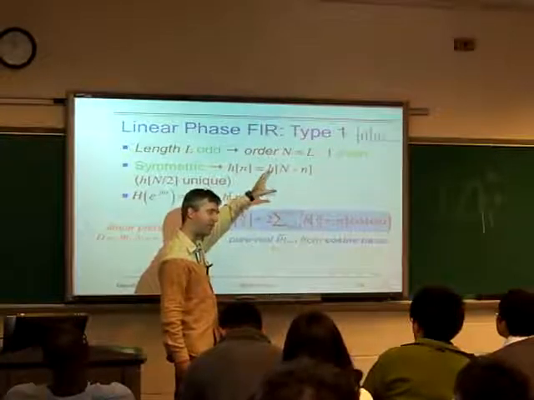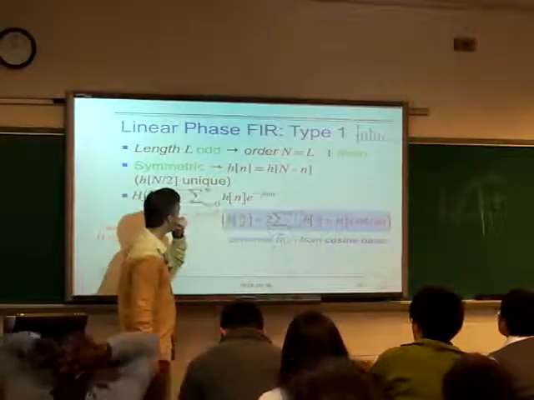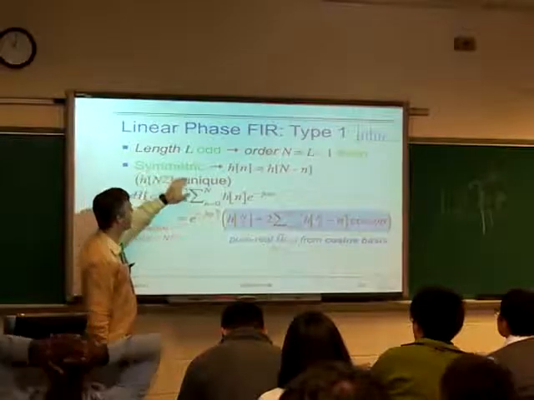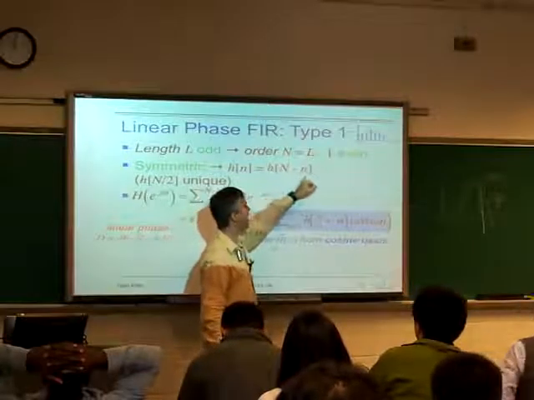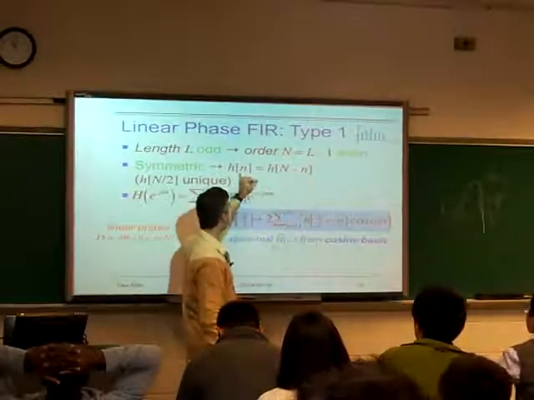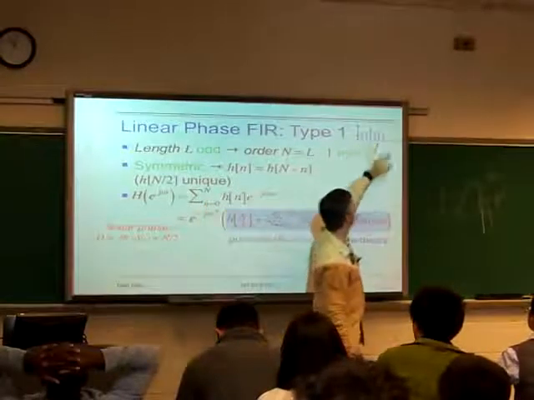The number of zeros in this case is going to be even. But here's our constraint. We're saying it's symmetric, so h of n is equal to h of N minus n. So the first point is the same as the last point. The second point is the same as the one before the last point, like this.